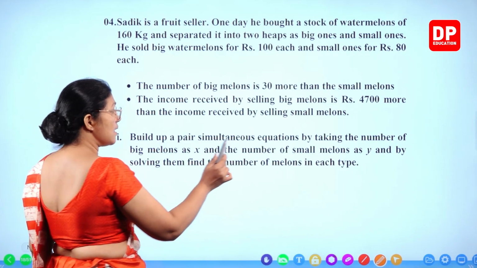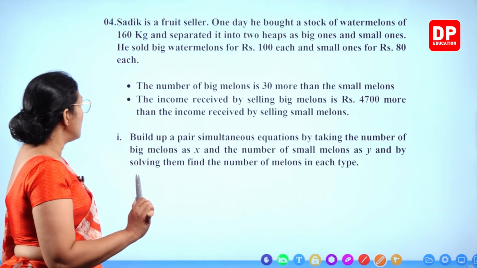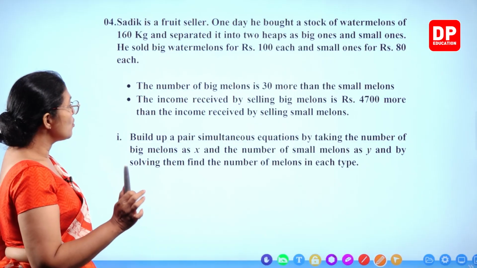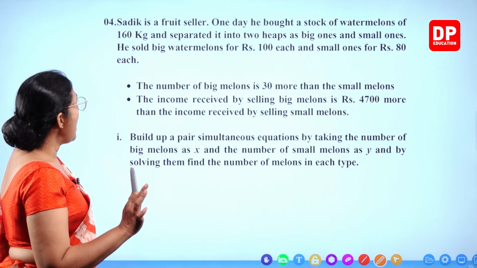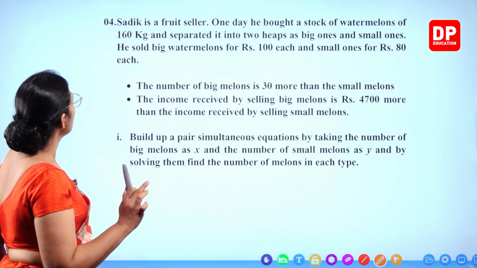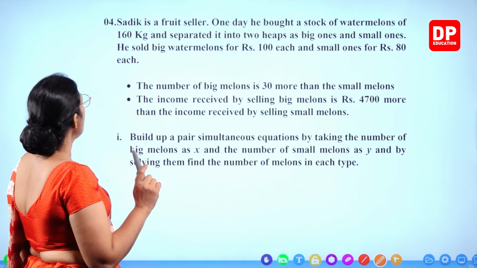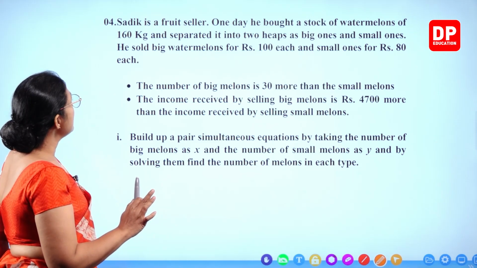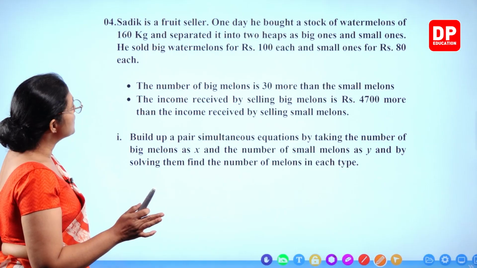So this is the important part. Which one is x? The big melons you can take as x, the smaller ones you can take as y. Now we have to read again and write down the 2 equations. It says, one day he bought a stock of watermelons of 160 kilos, and separated into 2 heaps.